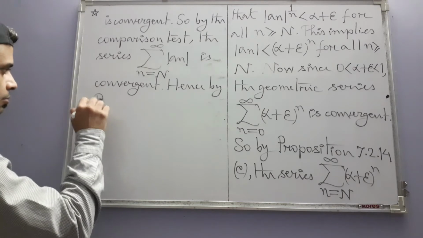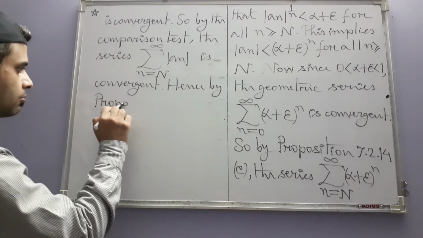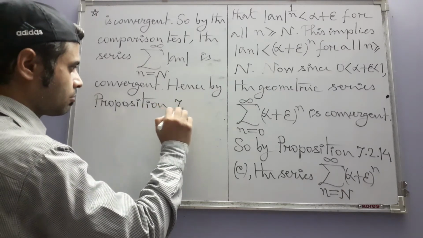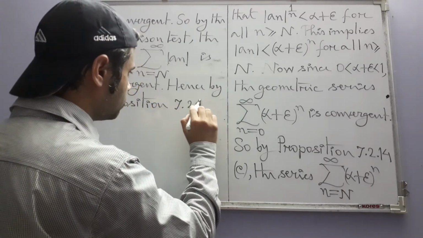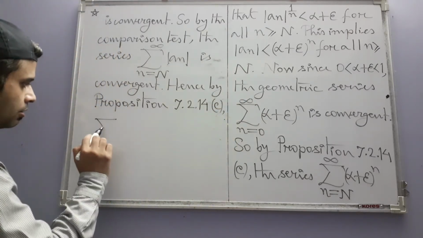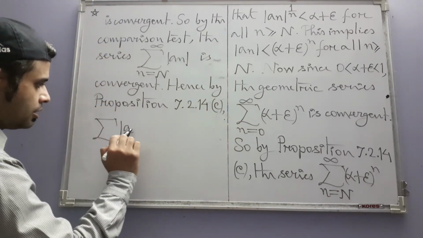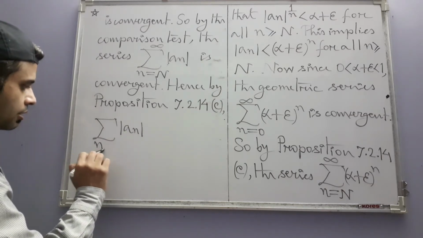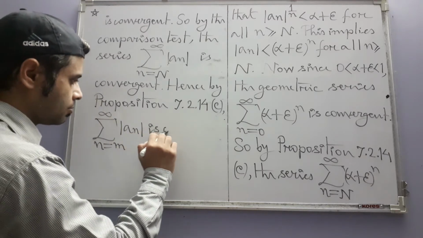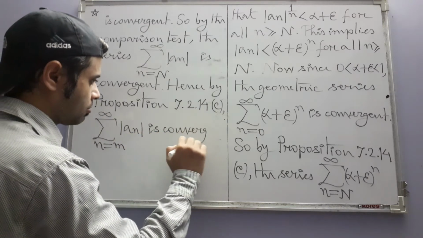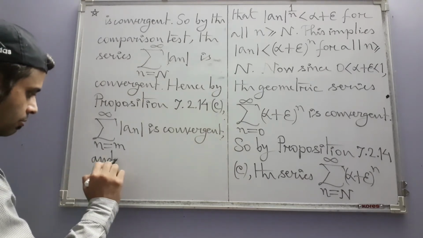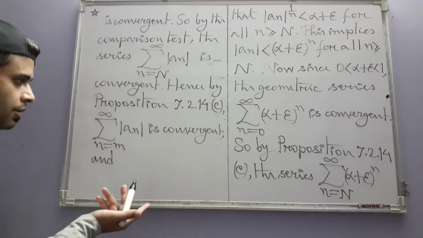Hence, by 7 to 14c, our original series, its absolute version, where things start from small m, is convergent. And convergence of this just simply means what?